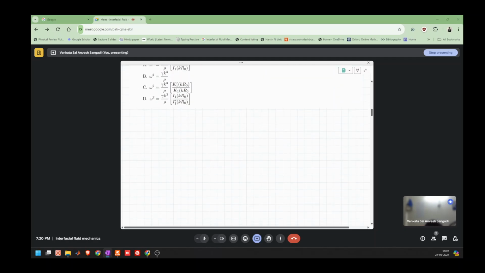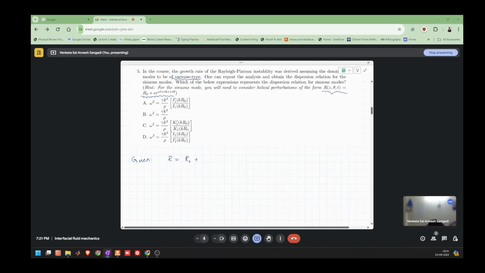So we can say, given R is equal to R naught plus epsilon e to the power omega t plus i k z plus i theta.